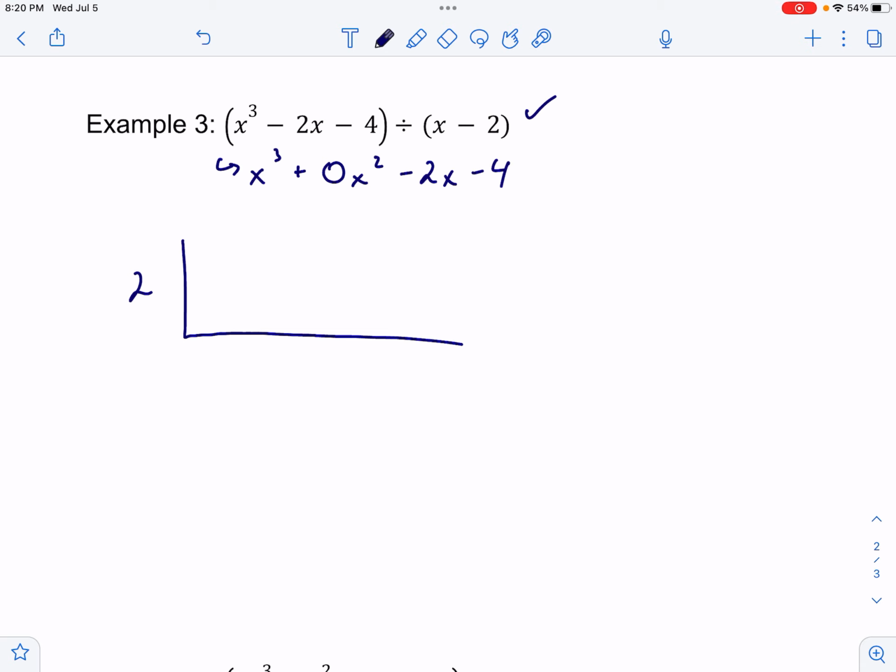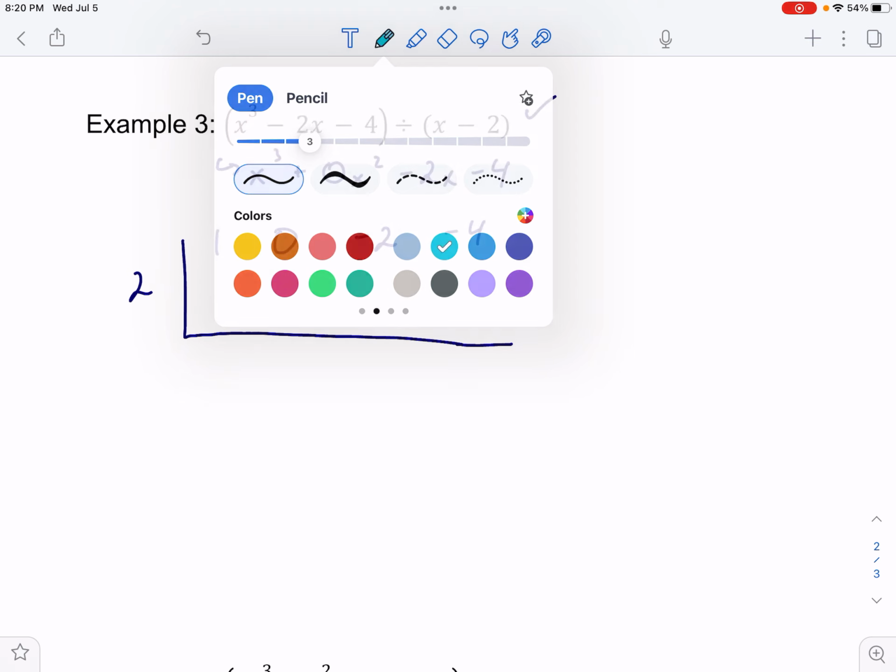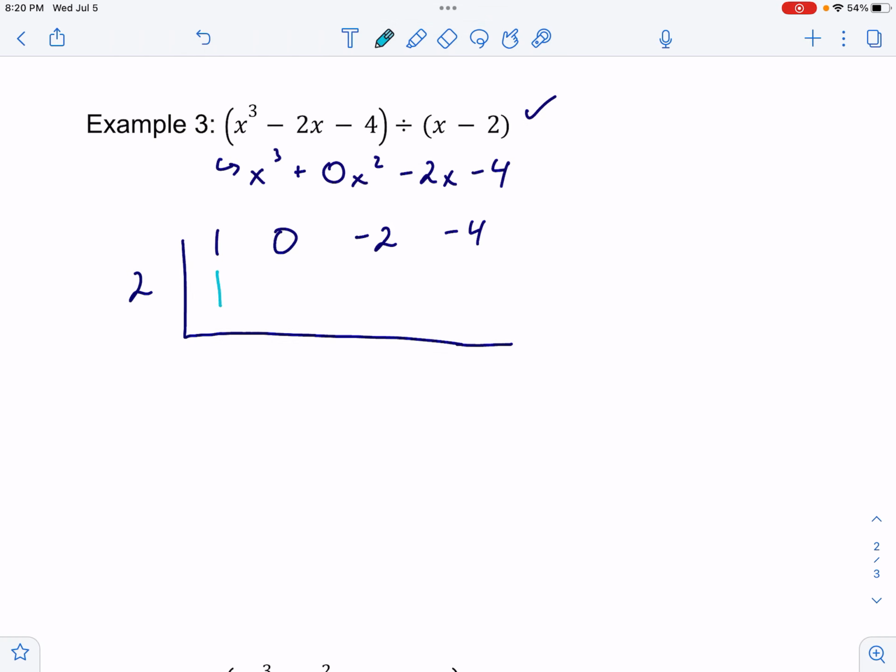All right, now I add my coefficients. I have a coefficient of 1 on my x cubed, 0 on the x squared, -2 on the x, and then I have a -4 at the end. And let's go. Change colors, why not? Bring the 1 down. Multiply across. 2 times 1 is 2.